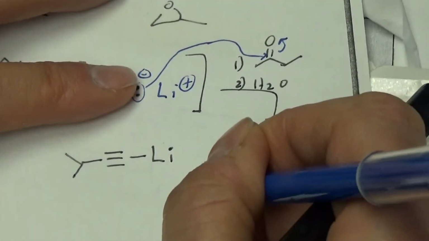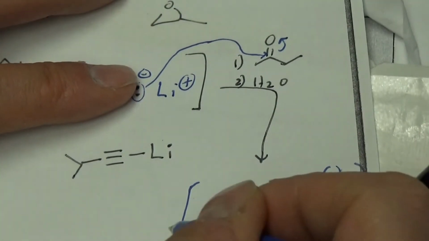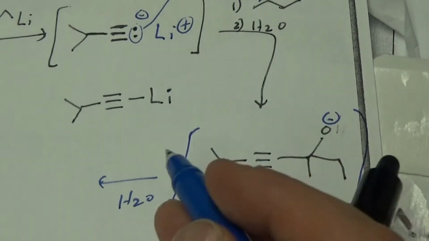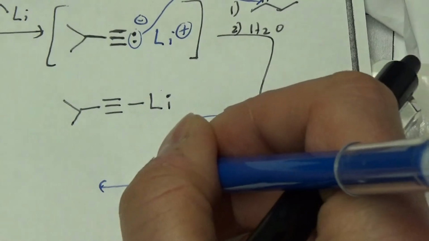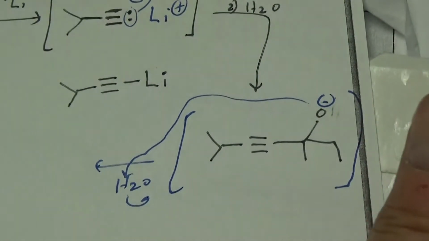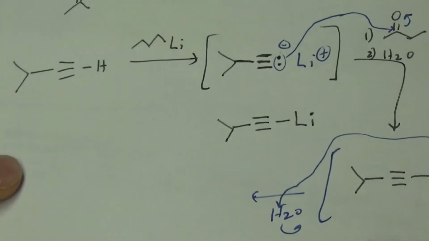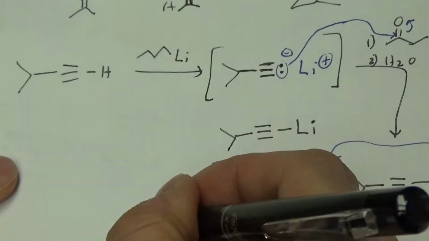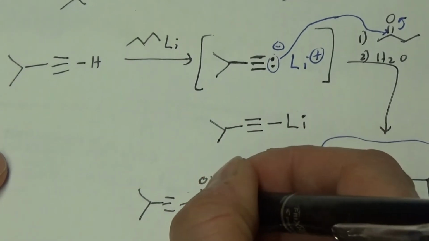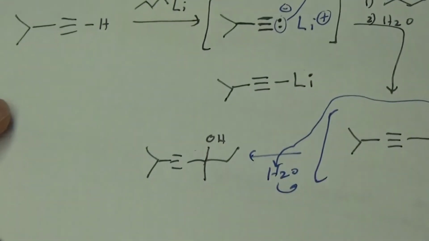Until what happens? And I'll put brackets around this. H2O. We protonate the O minus, and now what do we have? The final product. Ethyl, methyl and ethyl.